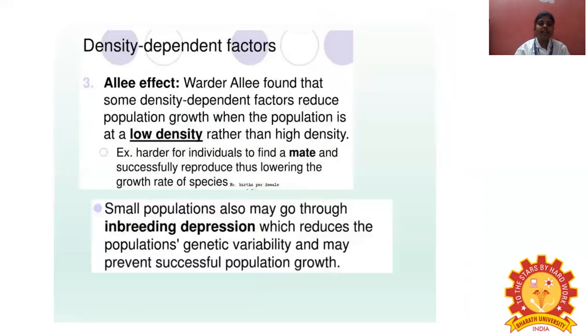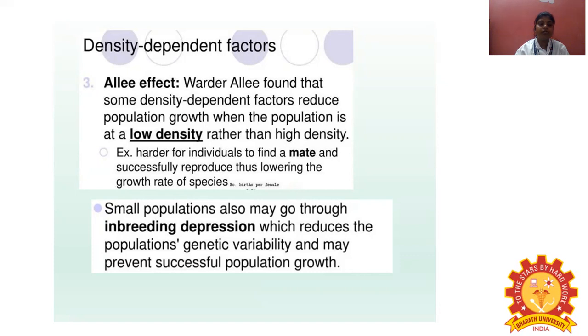Next, we see the Allee effect. Werner Allee found that some density dependent factors reduce population growth when the population is at a low density rather than high density.